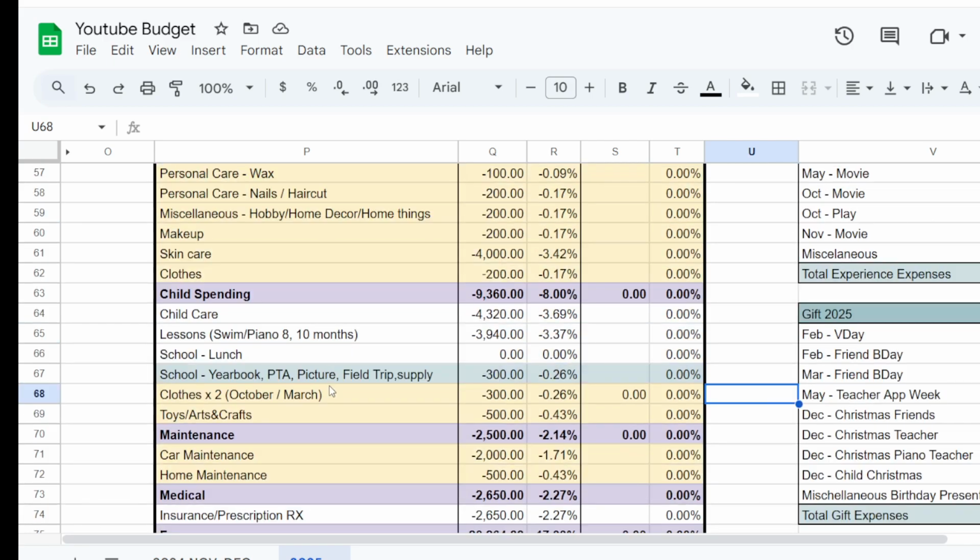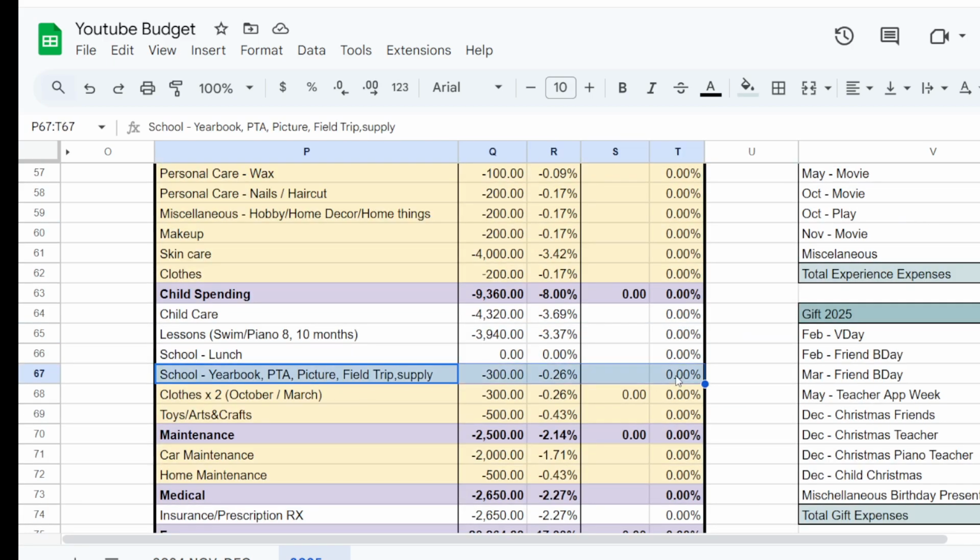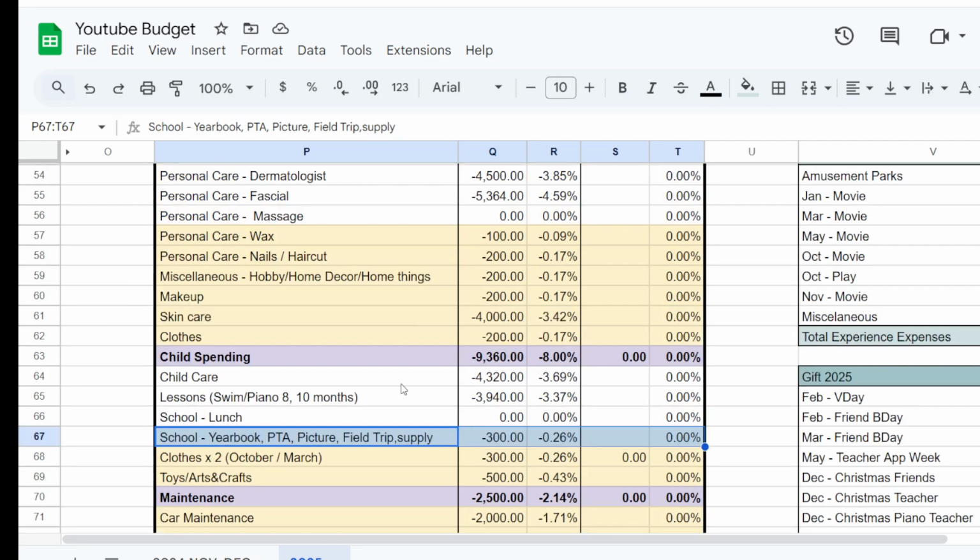And so everything in green, these are again categories I can overspend in, but these are categories that I planned out my purchases by the months and by the activities, and I need to make sure I stay within budget.